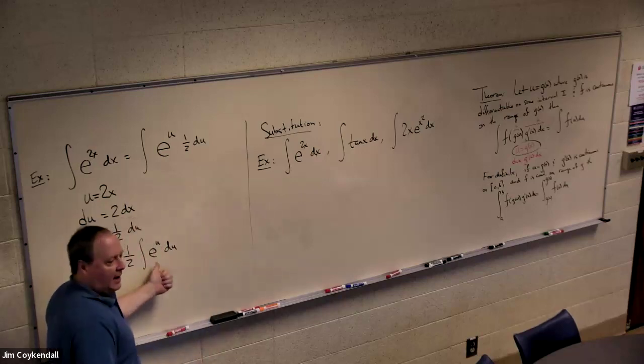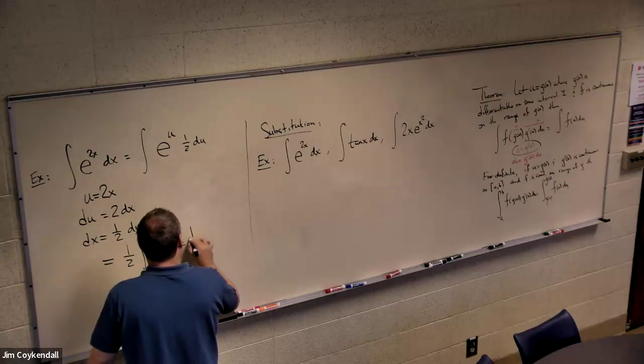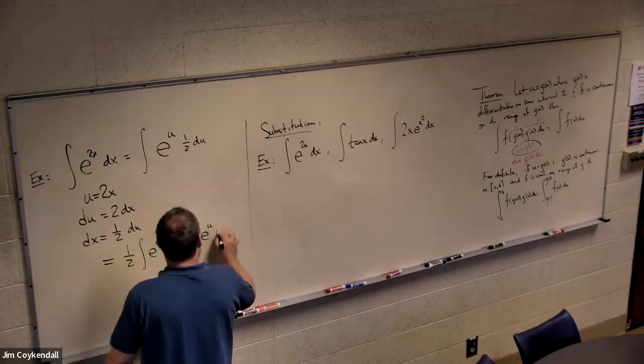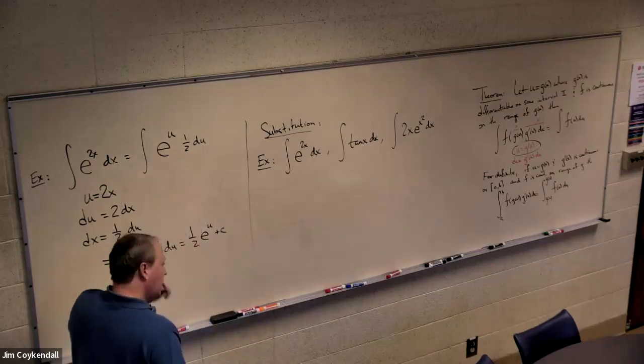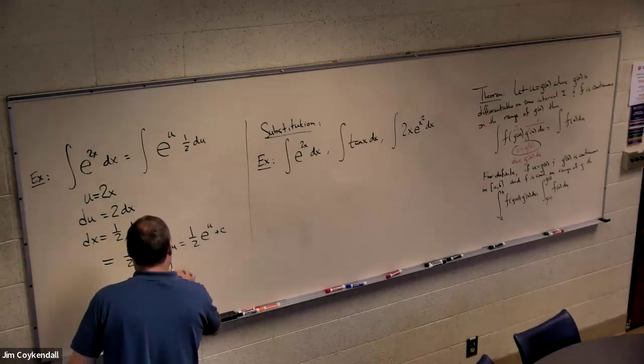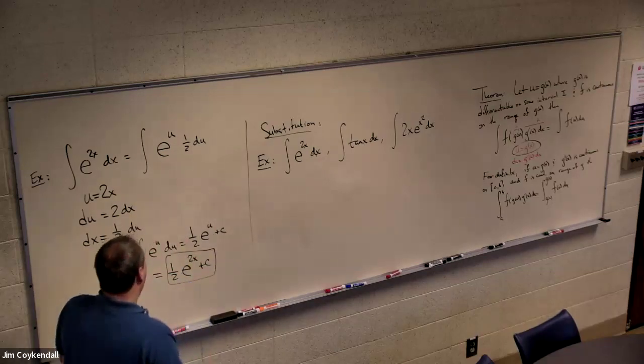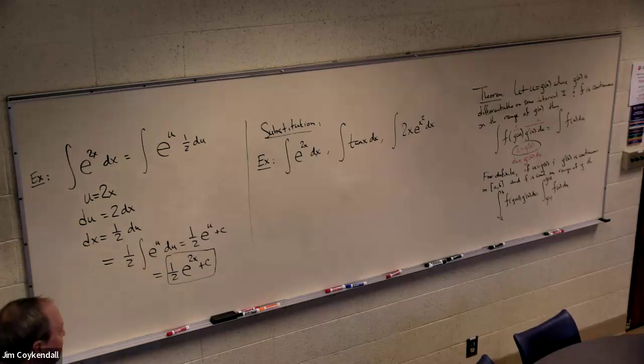And guess what? I know I can do that. No 2's there. It's 1/2 e to the u plus C. Now I've got to put it back in terms of my original variable: 1/2 e to the 2x.